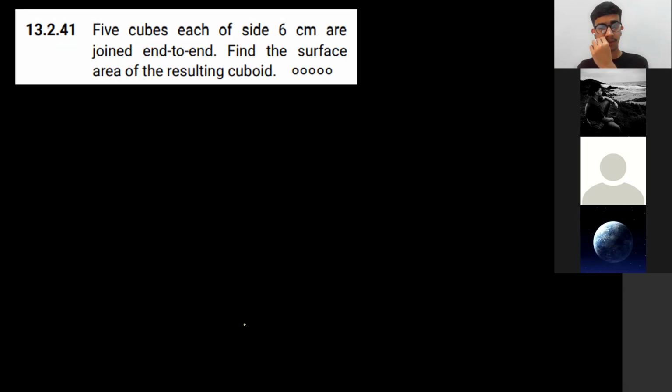Guys, you are sure that frustum is not in the syllabus? Yes, sir. Okay. Nikki, incorrect. Its length is 18 centimeters. Okay, yes, breadth and height are correct, but length is incorrect.